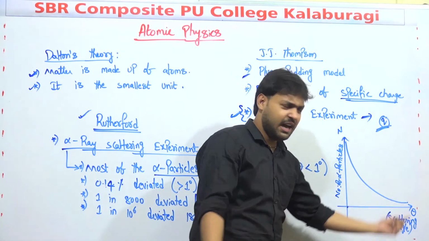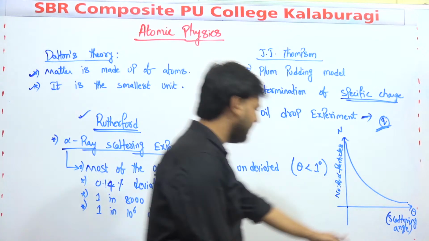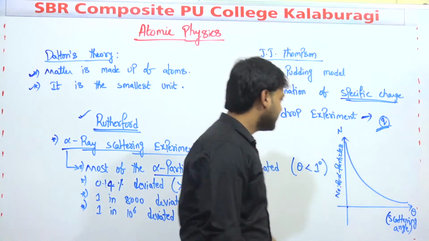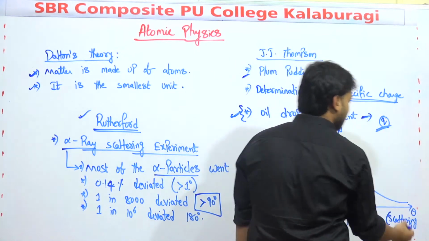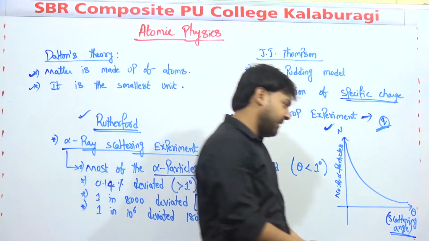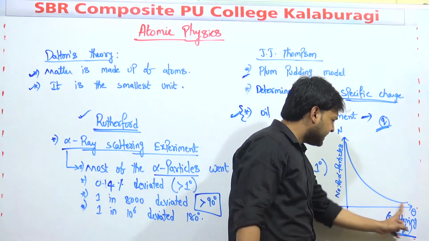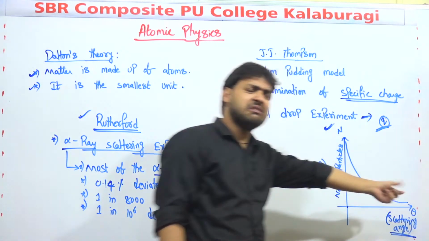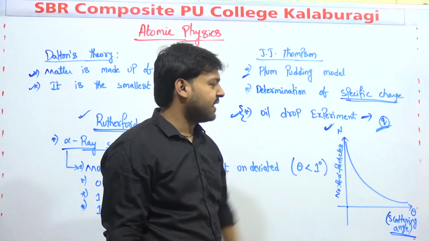At 180 degrees, still fewer, and you can decrease this further. This is the graph of the number of particles versus the scattering angle. If the angle increases, the number of alpha particles deviating will be very small, so we can draw the curve like that.